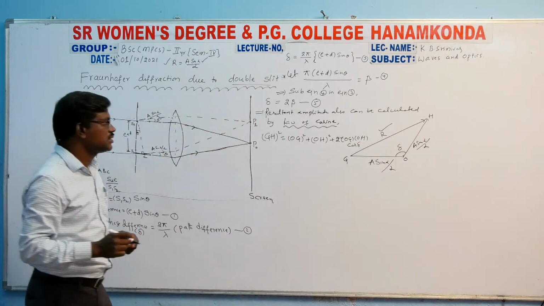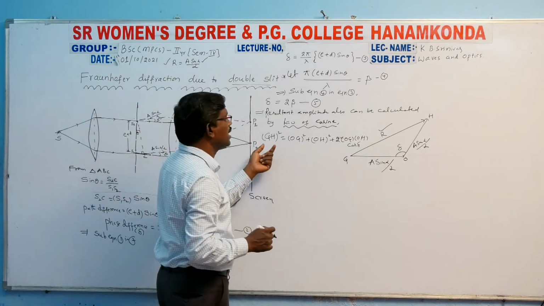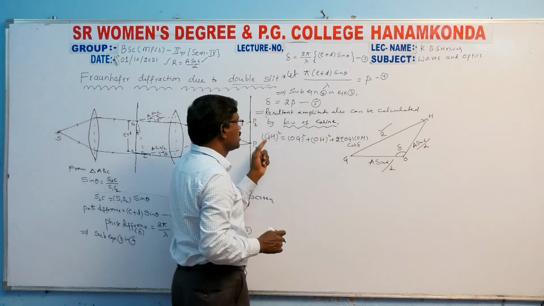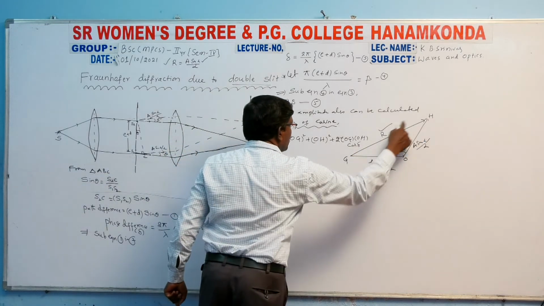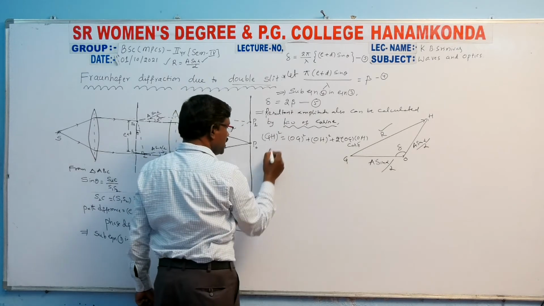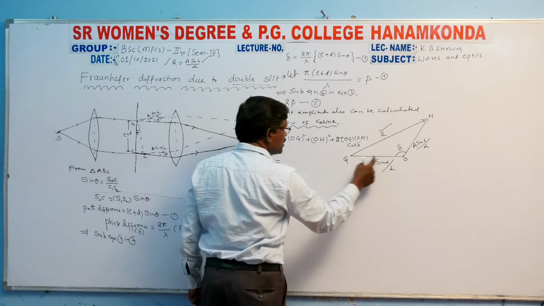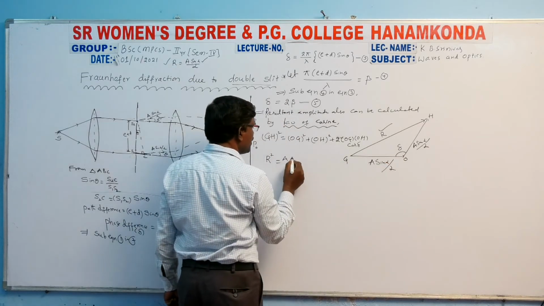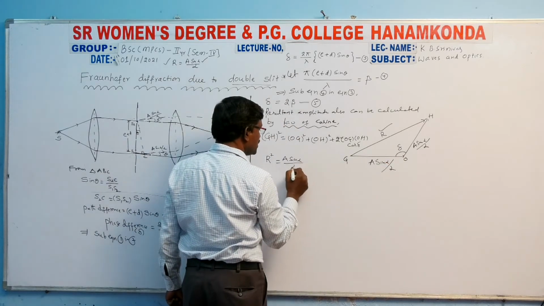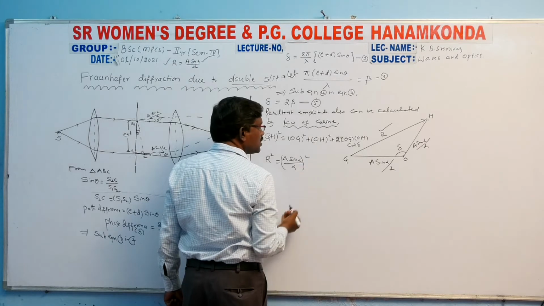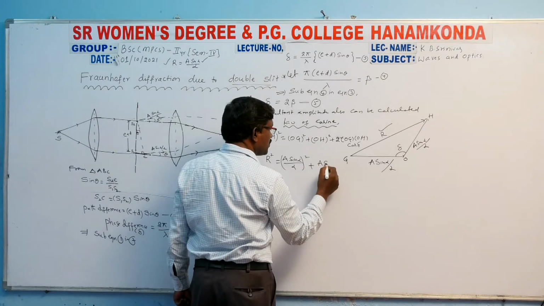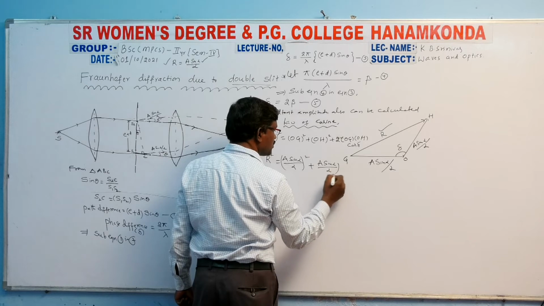Is that clear? Now substitute values in this cosine formula. GH value is equal to how much? R. So this is GH square, so it becomes R square. OG value is equal to how much? A sin alpha by alpha. OH also is A sin alpha by alpha.